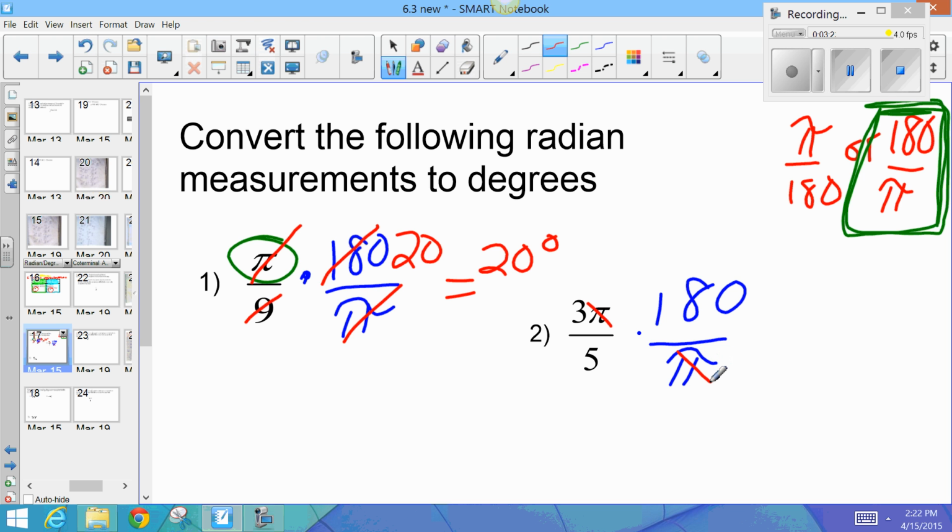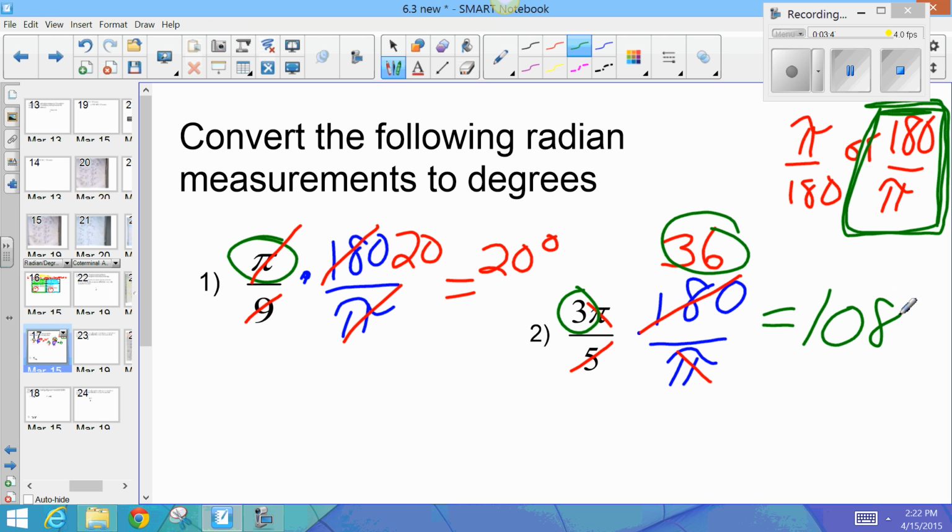And here I've got a 5 on the bottom and a 180 up top, so I can cancel a 5 out of top and bottom. 5 goes into 180 36 times. So I'm left with a 3 and a 36 both on top. So I'm going to multiply them together. 3 times 36 is 108 degrees. So 3 pi over 5 equals 108 degrees.